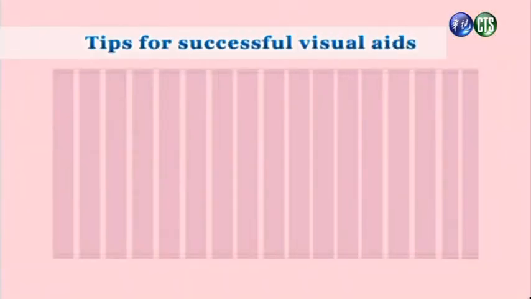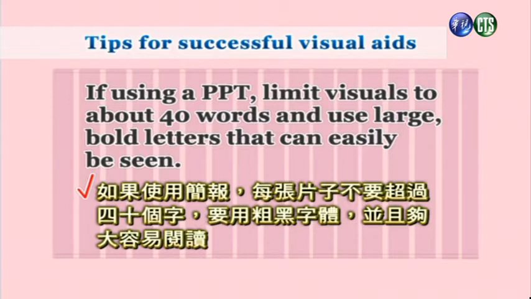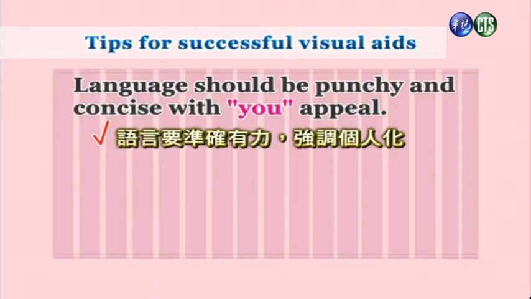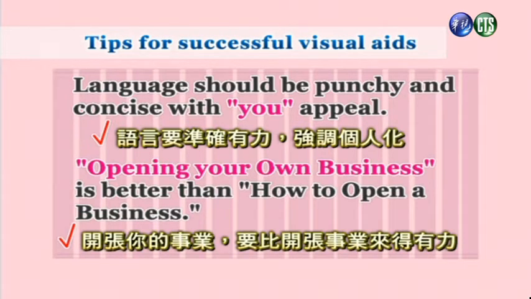First, if using a PPT, you need to limit visuals to about 40 words and use large, bold letters that can easily be seen. Very simple: each slide should not exceed 40 words, use a bold, large font that is easy to read. I usually use at least size 32 in my PPT; if absolutely necessary 28, but usually 32. Language should be punchy and concise, with the you appeal, meaning accurate, powerful and personalized.